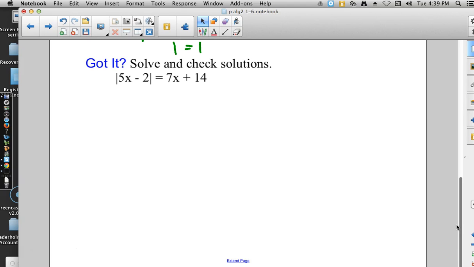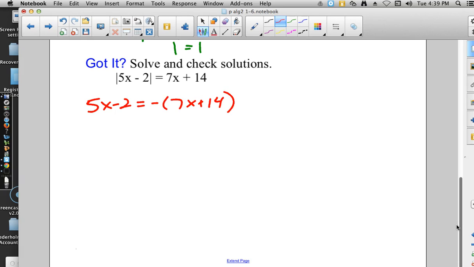All right, with this one, we'd have to have 5x minus 2 equals the negative of 7x plus 14, and 5x minus 2 equals 7x plus 14. All right, well, I've got to distribute the negative over here. So again, that's like a negative 1 times everything over there.